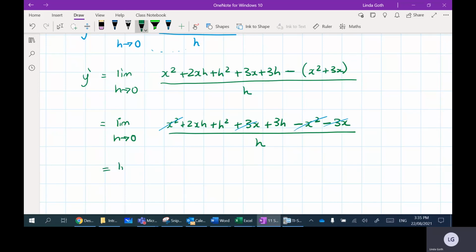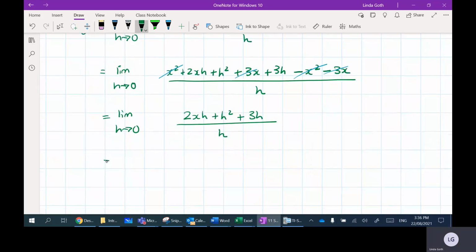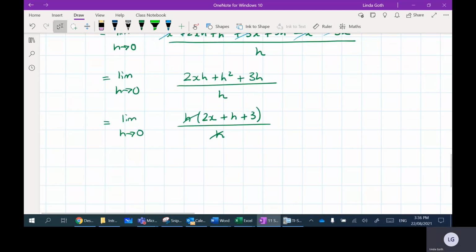So my next line is the limit as h approaches 0 of 2xh plus h squared plus 3h, all over h. Can you see it? We've got a common factor on the numerator of h. Limit as h approaches 0 of h times 2x plus h plus 3, over h. Lovely. They can cancel.